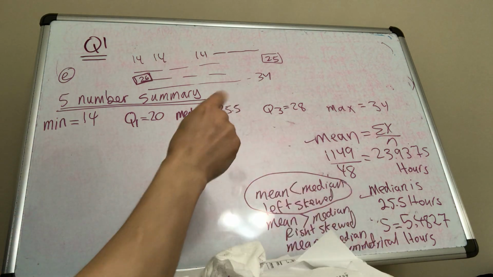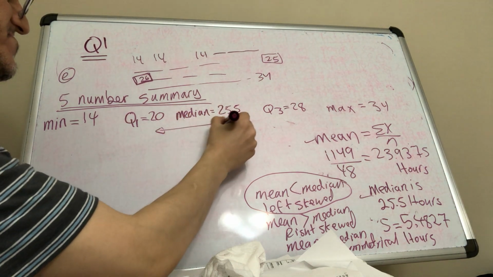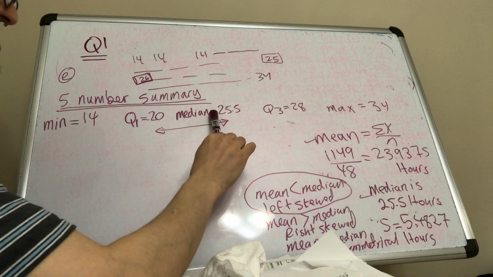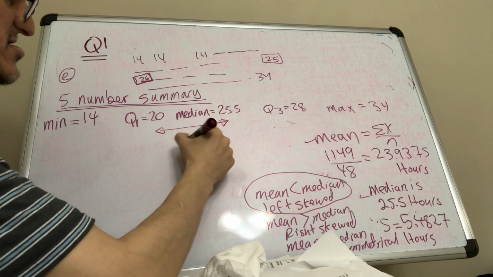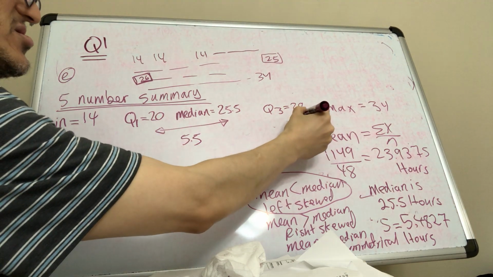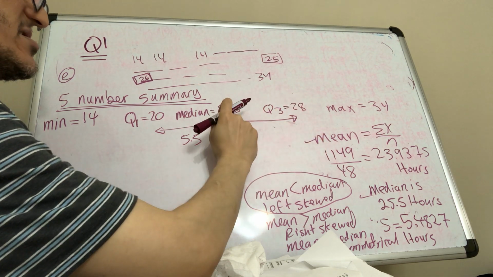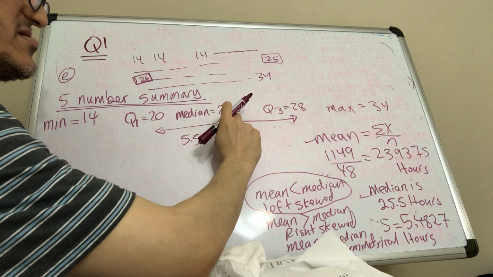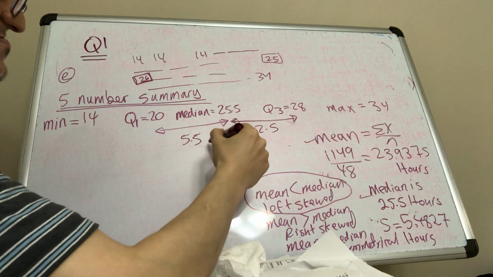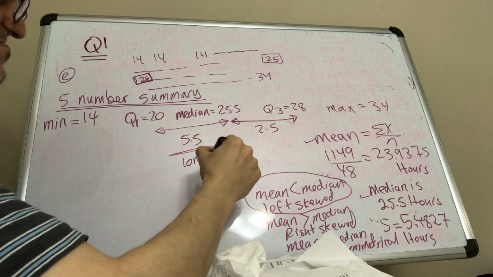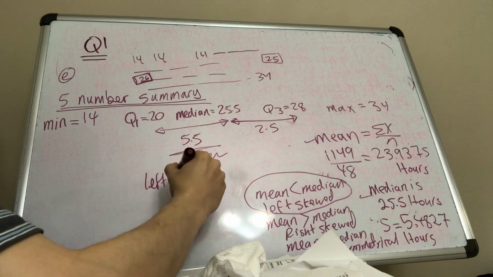Now the way to analyze this, find the difference between Q1 and median. The difference between them is 5.5. You also find the difference between median and Q3, and the difference between these two numbers is 2.5. Which one is longer? This one is longer. This one is to the left, so you're left skewed.